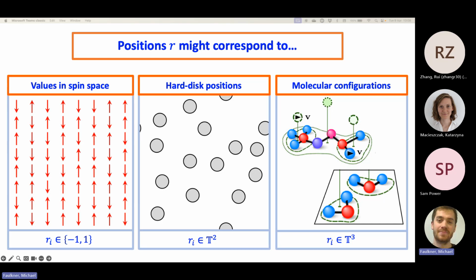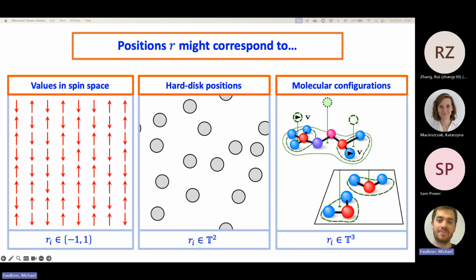In this case, this is something called the 2D hard disk model, which if I have time, I'll cover as well. Here we have particles existing on a shared compact manifold with periodic boundaries. So that disk here is the same as this one, and sort of wrapping around with toroidal topology. In this case, the Ri is some element of this torus T2.